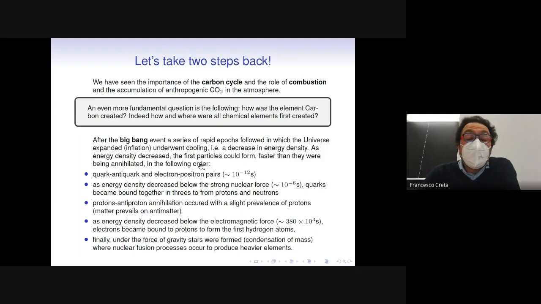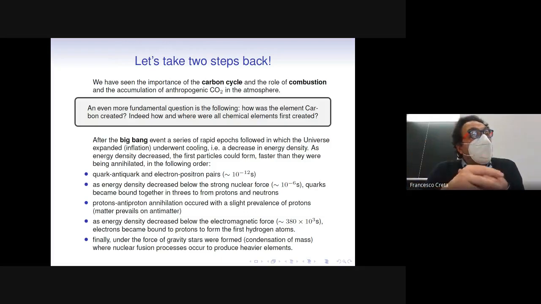And so as the energy density decreased, you had the formation of the first particles. We'll see why in a second. So you form them, in sort of a coagulation process, faster than they were annihilated, in a series of events or epochs.